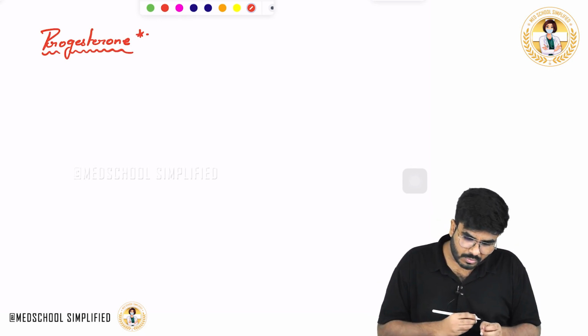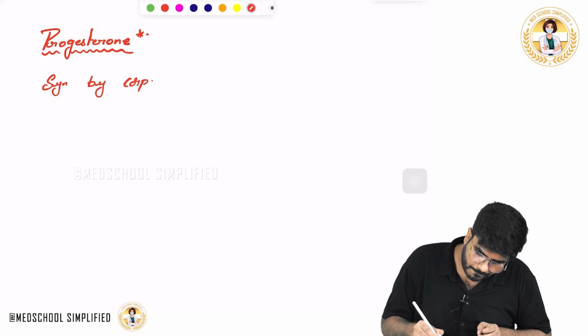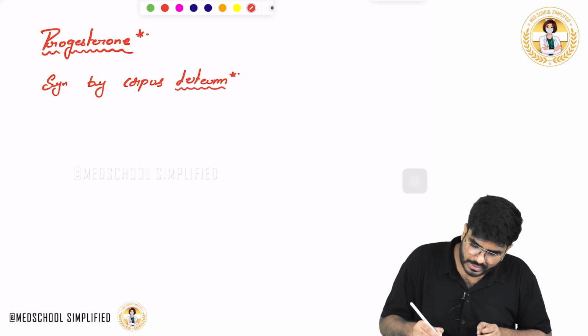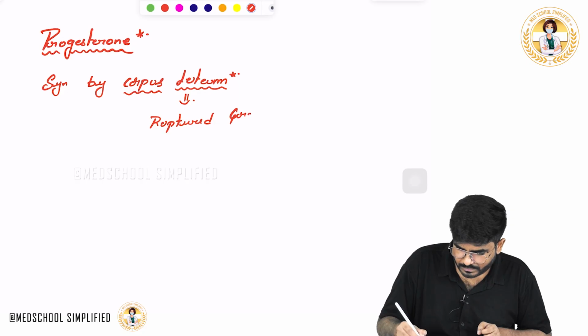So who is going to produce this progesterone, sir? It is synthesized by the corpus luteum, mainly. So what exactly is the corpus luteum? It is the ruptured Graafian follicle.